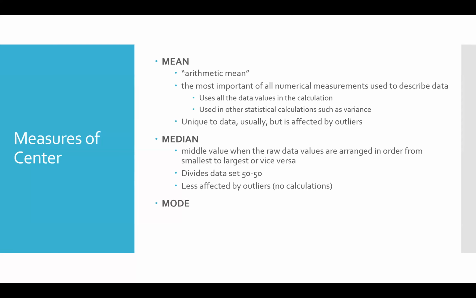The third one is called the mode. The mode is the data value that occurs the most within the data set.